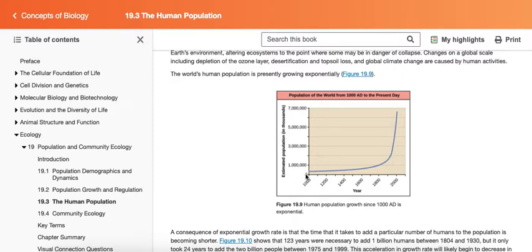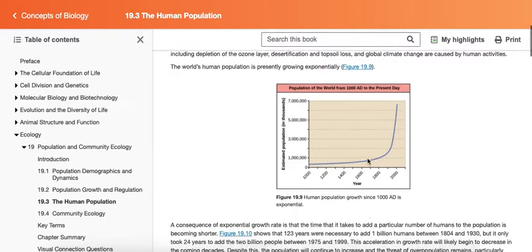On the recorded time period, it took hundreds and hundreds of years for us to reach our first billion, but then only 130 years to reach the second billion. And from there, it's really been exponential ever since.